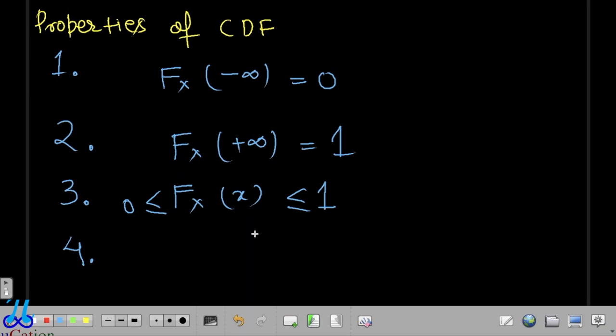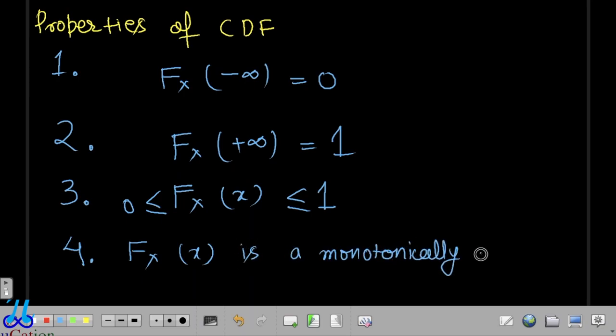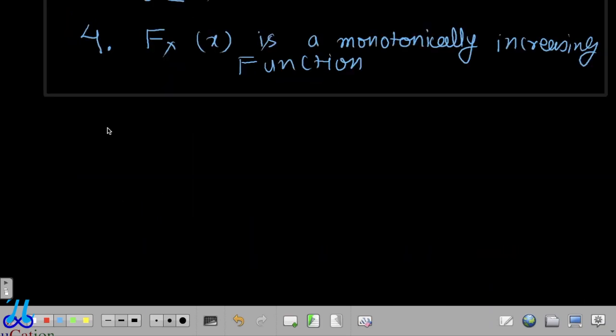The next property: capital F of small x is a monotonically increasing function. What do we mean by monotonically increasing function? It means that it is a non-decreasing function. Its value is either going to increase or it is going to remain constant.